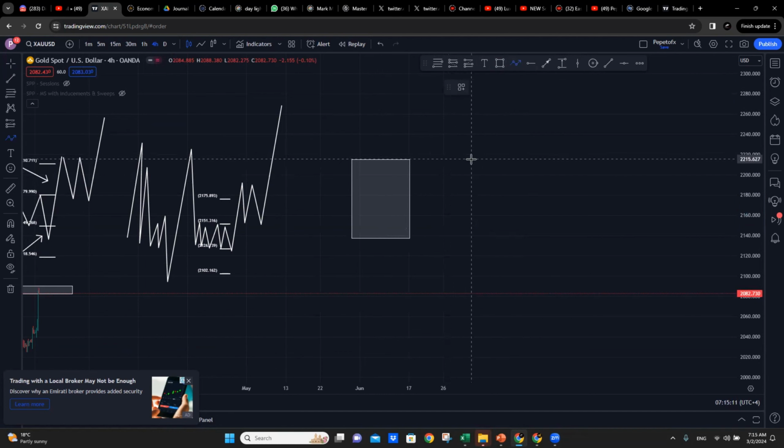Now, what you need to see in the London session is to look for the liquidity above this. If it's going to be to the downside, you're going to find a fake out to the downside, then break of structure, retest, take the sell. If you find another one, retest, sell.